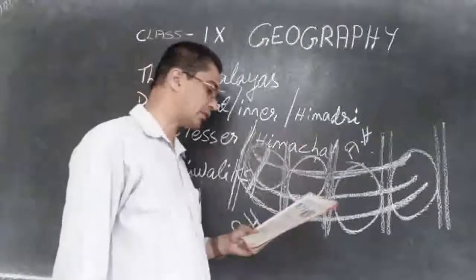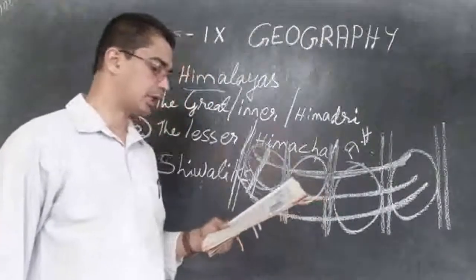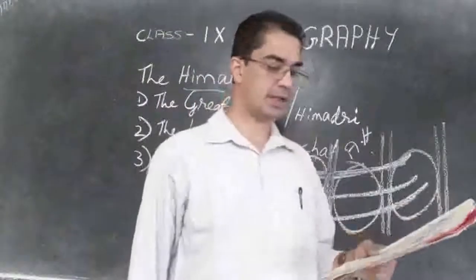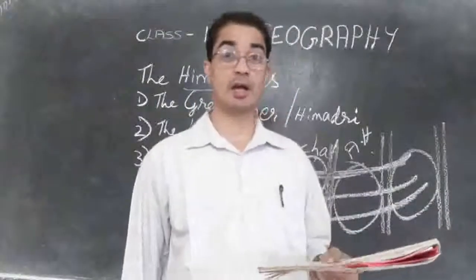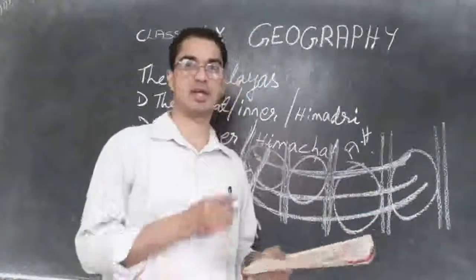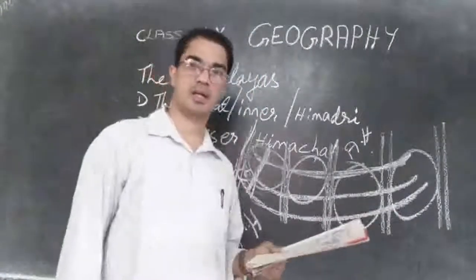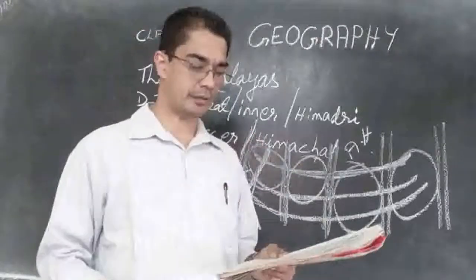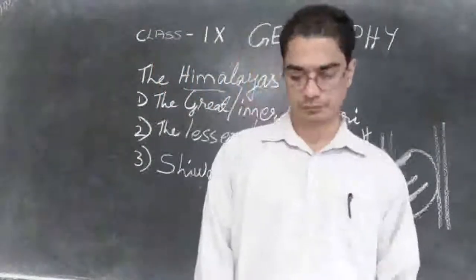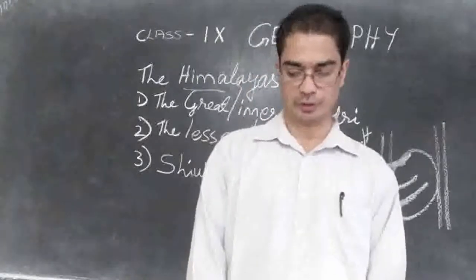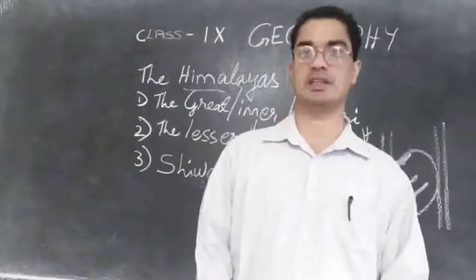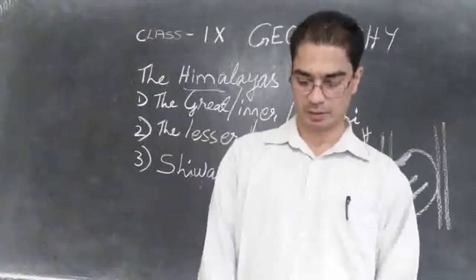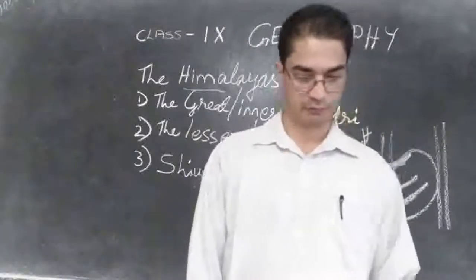Then between Tista river and Kali river, they call it Nepal Himalaya. Then Tista and Dihang rivers, they call it Assam Himalaya. These are the local names that are given to them by the people living there. So you need to remember all these names, the local names of the Himalayas, and they are very important.